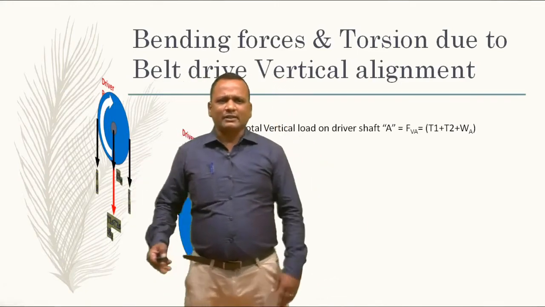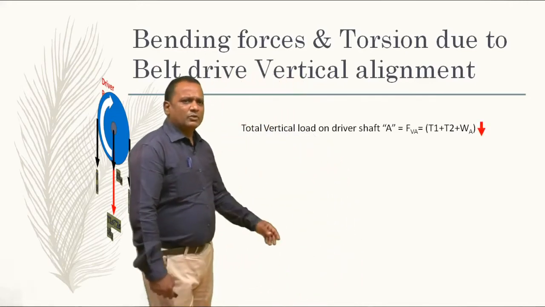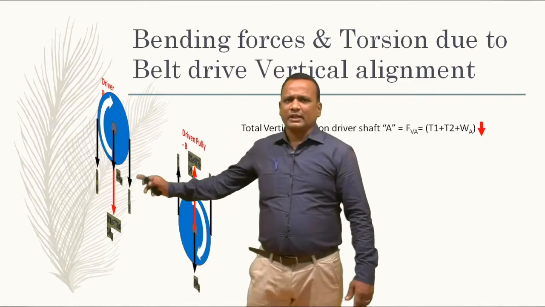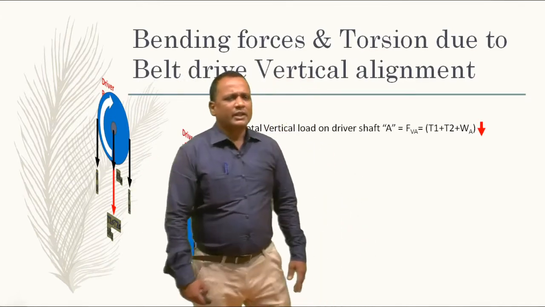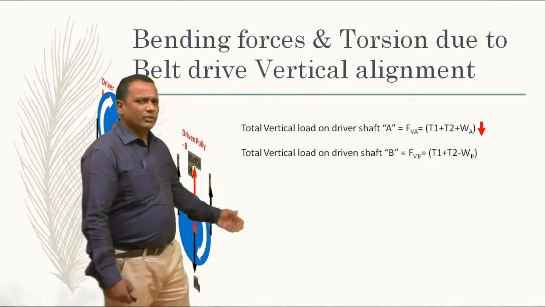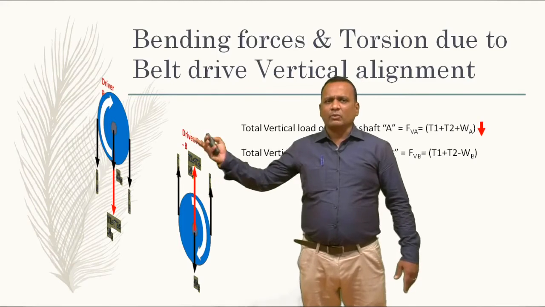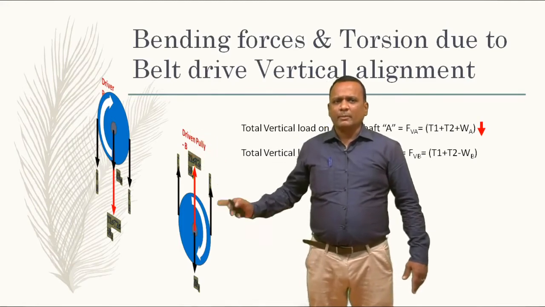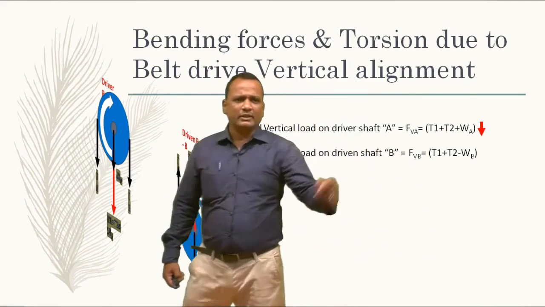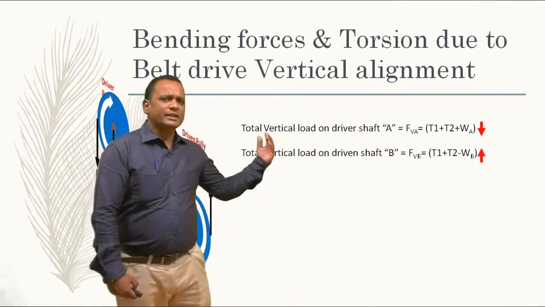As I said, it will be T1 plus T2 plus WA, and the direction is downwards. In a similar way, the total vertical load on shaft B goes upward, and it is T1 plus T2 minus WB, the weight of pulley B. That's what is shown over there; the direction is upward.